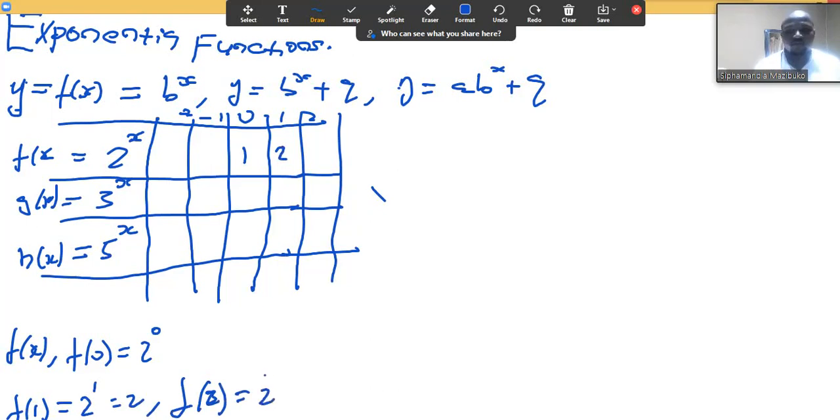f(2) will be 2 squared, and that will be 4.